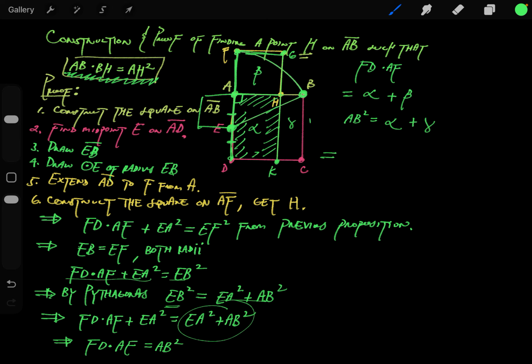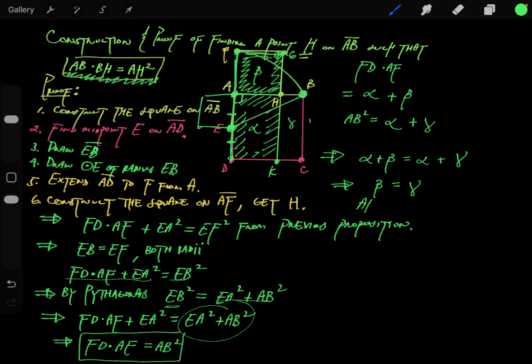So we know that these two things are equal, which means that alpha plus beta equals alpha plus gamma, which means that beta equals gamma. And now you do need this last step. We need to look at what beta is and what gamma is. Well, beta is this square, which is clearly AH squared.